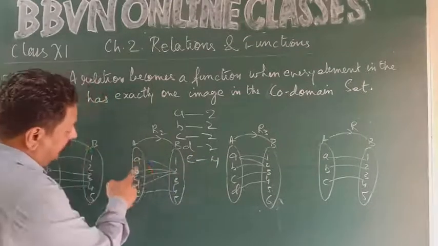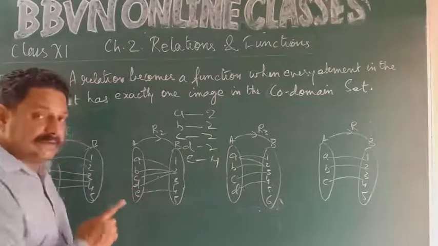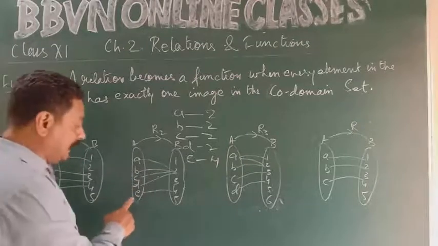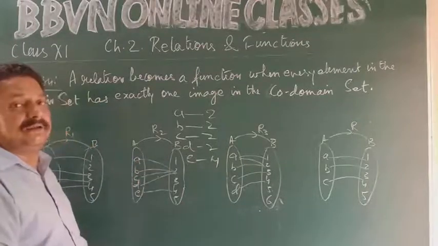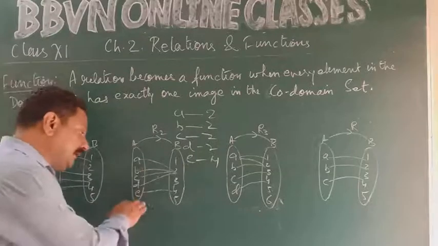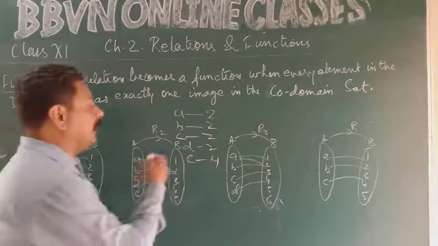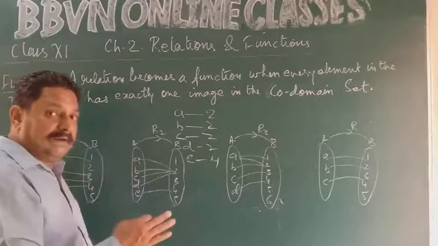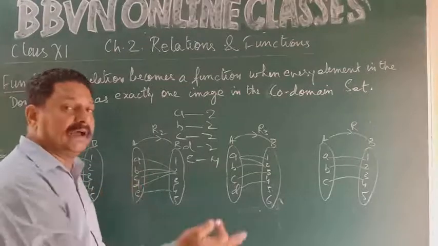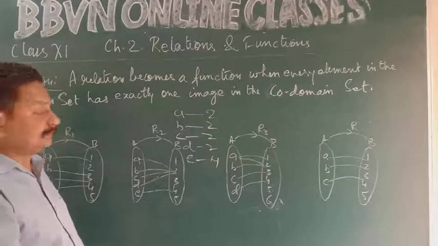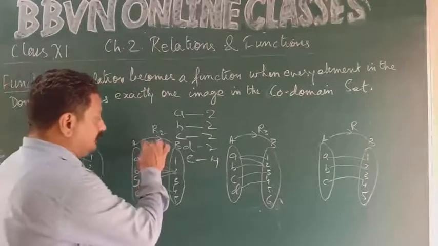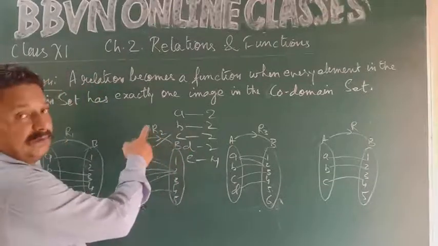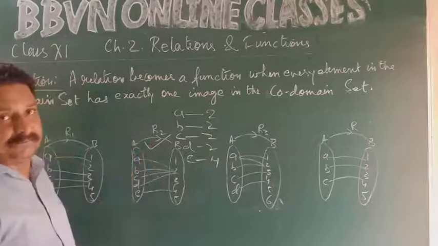Every element A, B, C, D, E, these are the elements of the domain set. They have exactly one image. See, more than one element in the domain set can have the same image, but one element in the domain set cannot have more than one image. So this is a function. Relation R2 is a function.